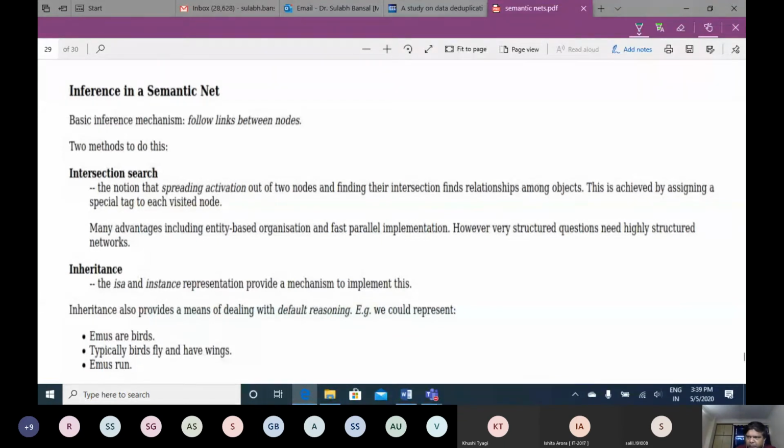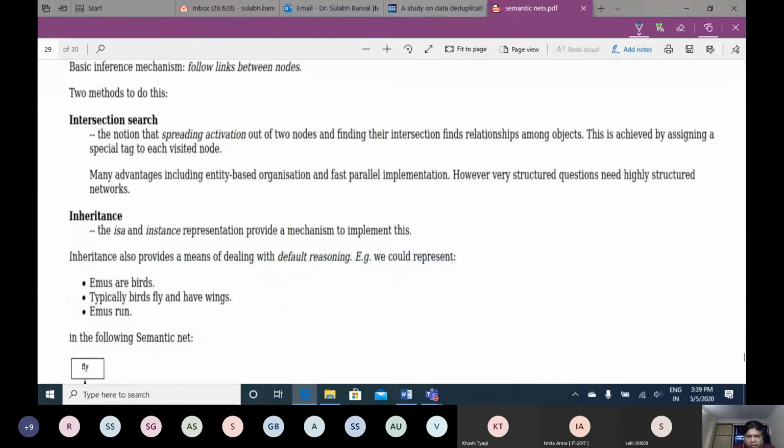If you can find the answer for the parent, then you can find the answer for the child also. That way you search the graph, and otherwise you find the intersection, where the two particular nodes are intersecting in the graph. If you find the intersection, then probably you will be able to answer the question.